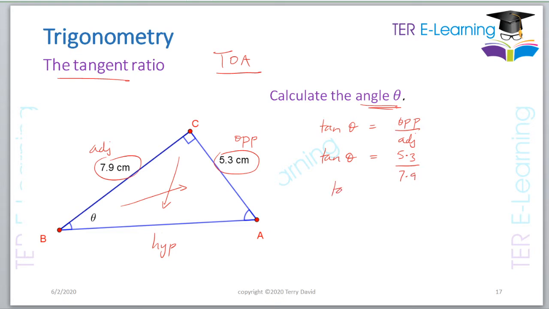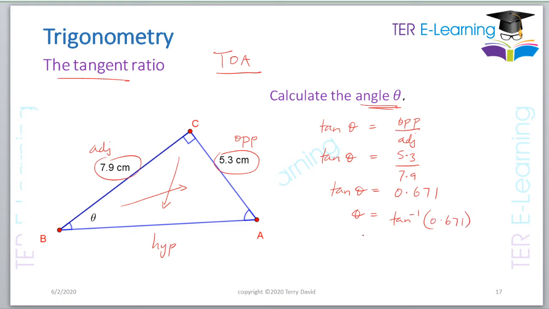So therefore, you'll have to cross multiply here. We're finding the angle. So tan theta, we're going to take 5.3 divided by 7.9. And you're going to get 0.671. Therefore, theta is the inverse tan of 0.671.